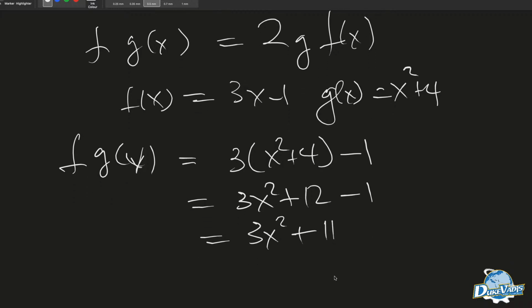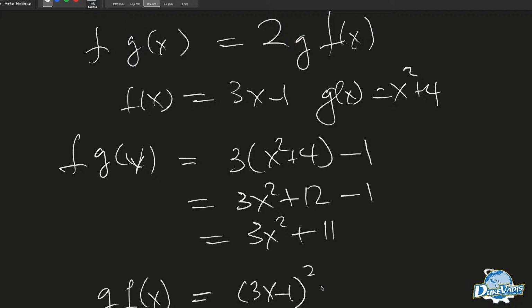Now let's look at gf of x, which means g is there and f is entering. So this is going to be (3x minus 1) squared plus 4.